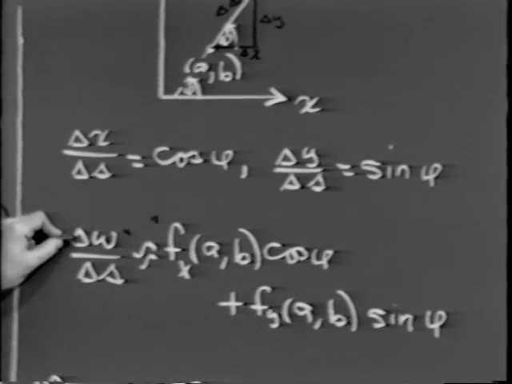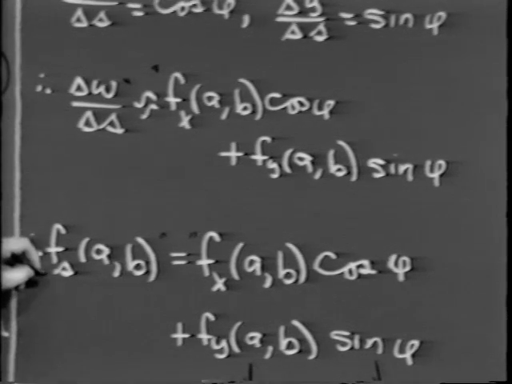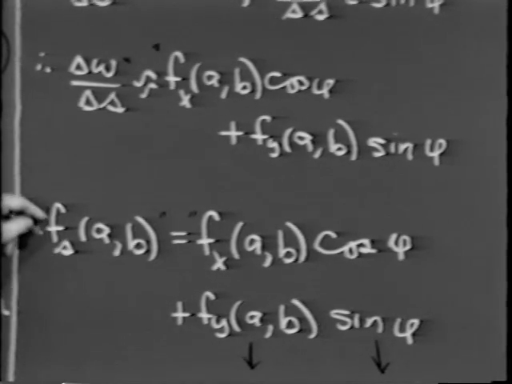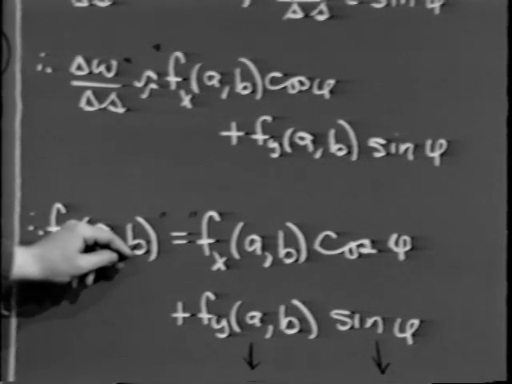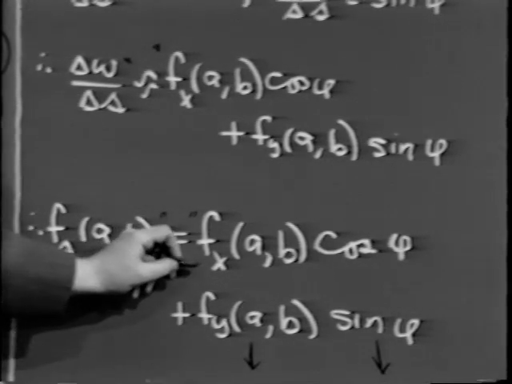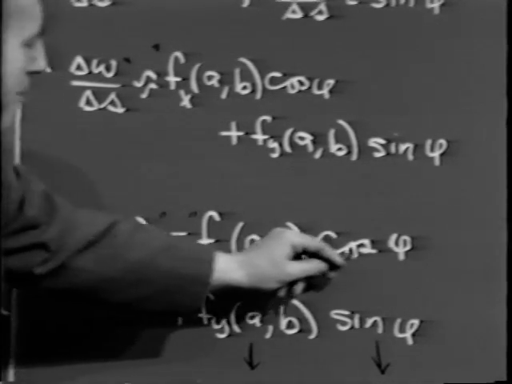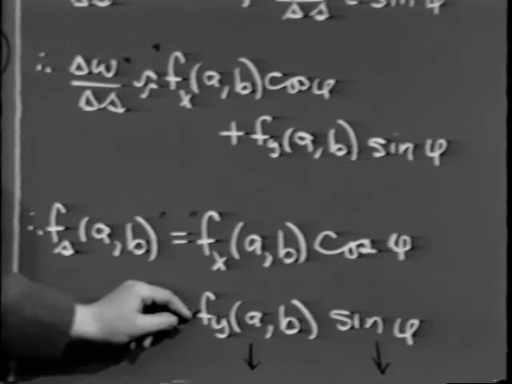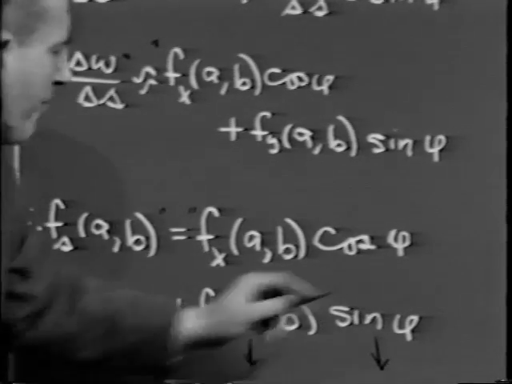Therefore, when I pass to the limit, nothing really changes. In other words, this thing that I'm calling the directional derivative of f in the direction of s, evaluated at (a, b), turns out to be what? The partial of f with respect to x at the point (a, b) times cosine phi plus the partial of f with respect to y evaluated at (a, b) times the sine of phi.